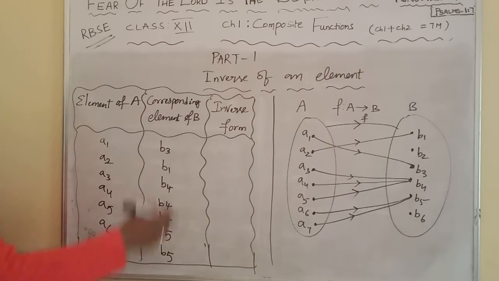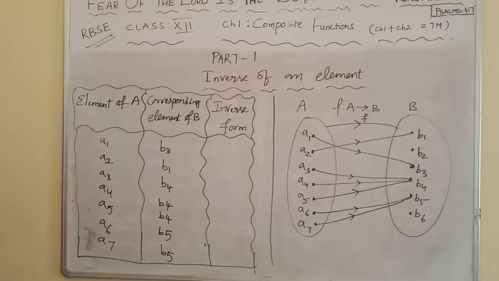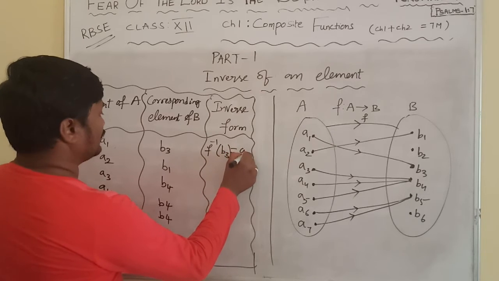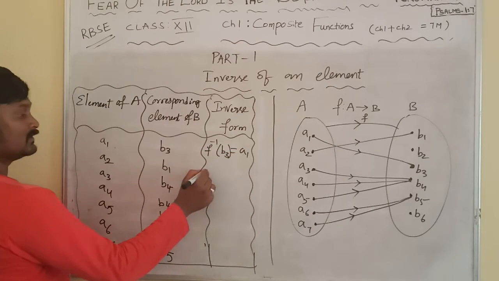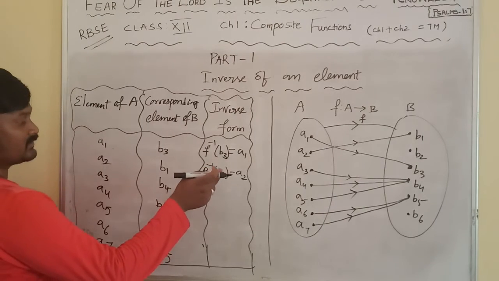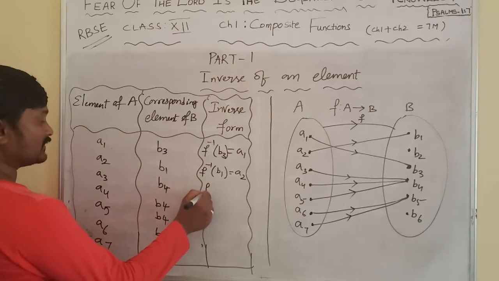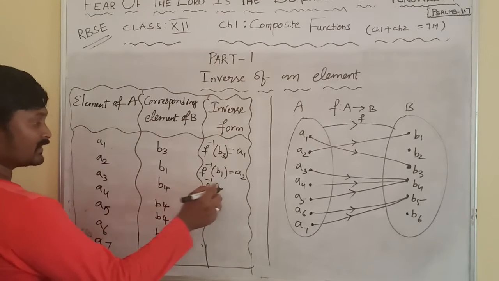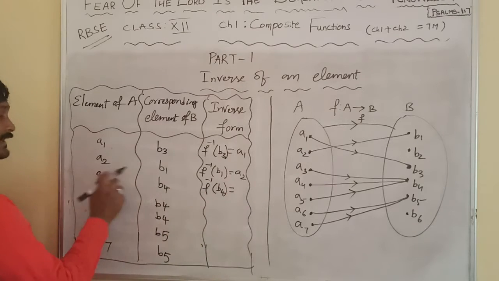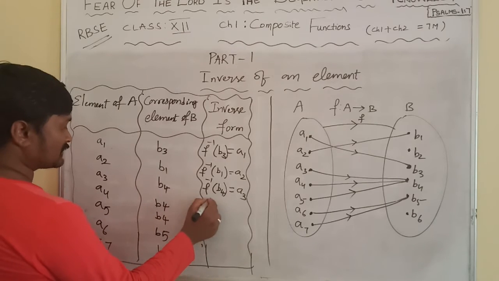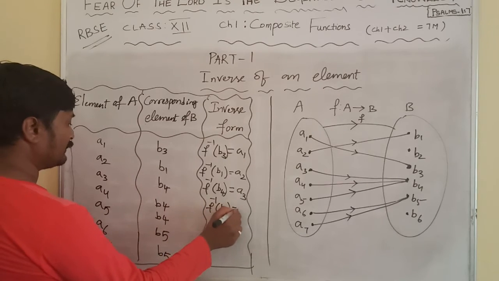After that, our inverse form is what I said. F inverse of B3 is equal to A1. Same method, can you tell for this? F inverse of B1 is equal to A2. Now F inverse of B4 is equal to A3. Same method, can you tell the next? F inverse of B4 is equal to A4.